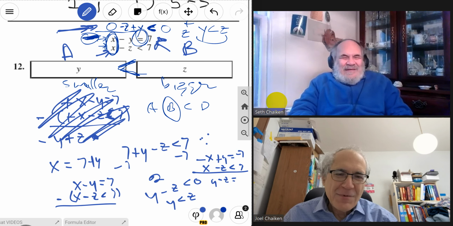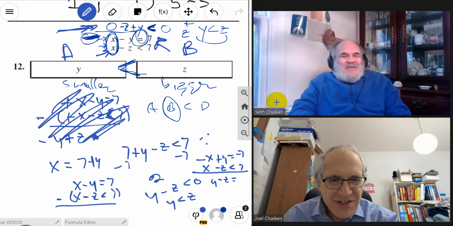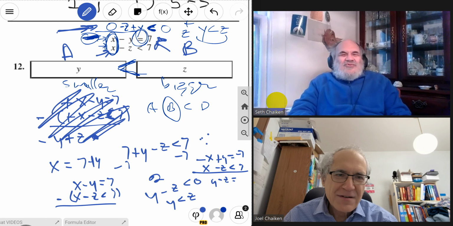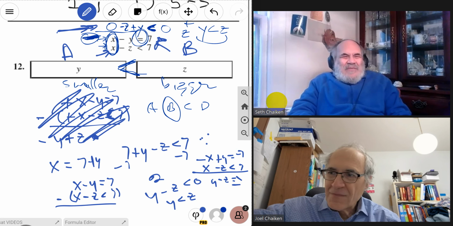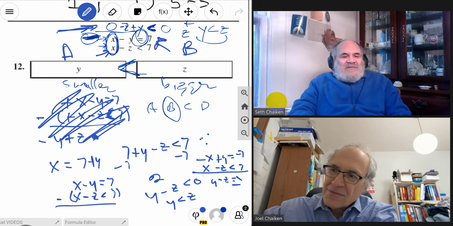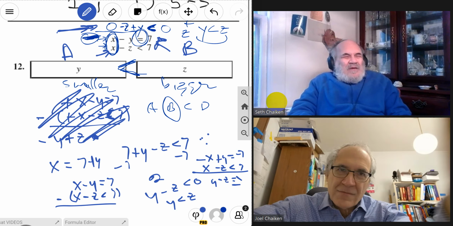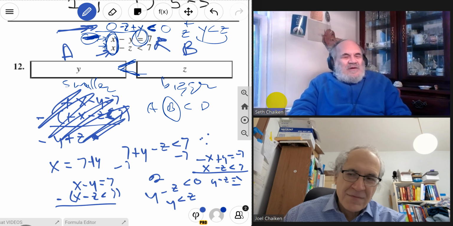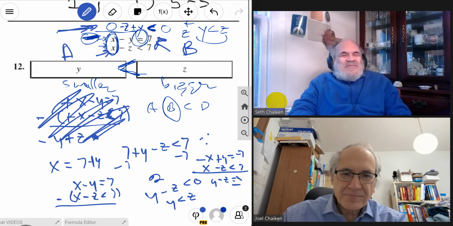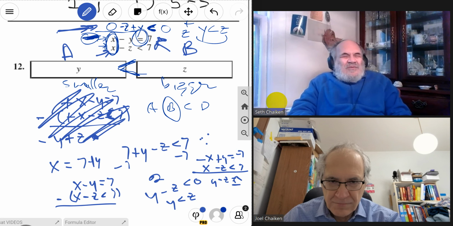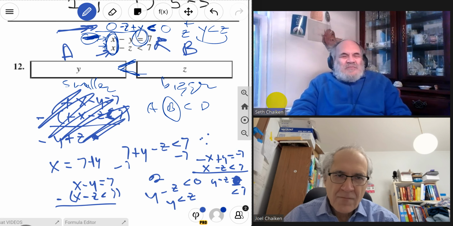Well, I have. But how do you know this is true? What's the justification for doing that? The reason it's true is that, well, let's see, if you add the same thing to both sides of an inequality, the inequality is preserved.